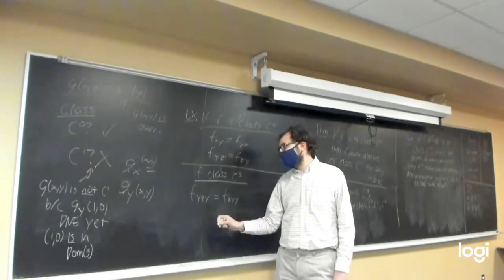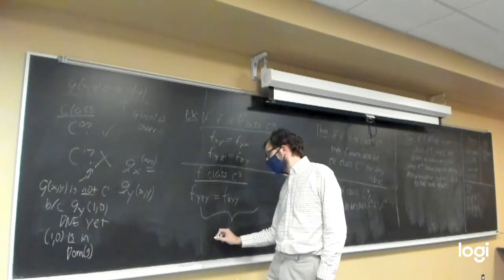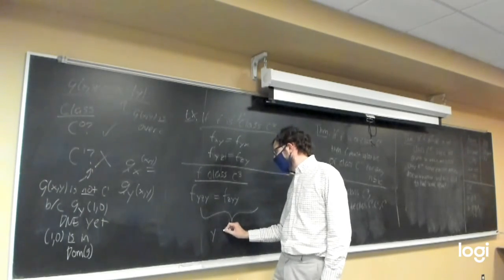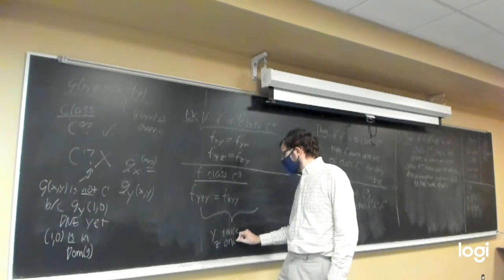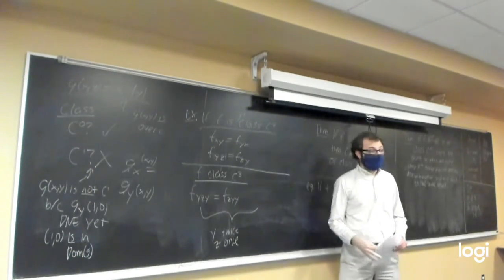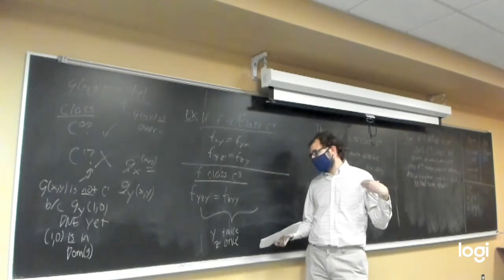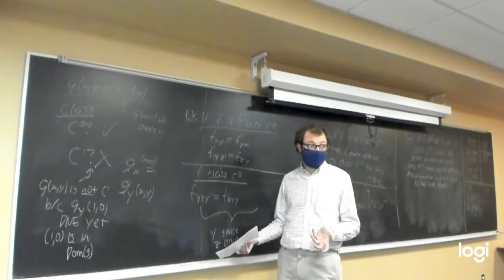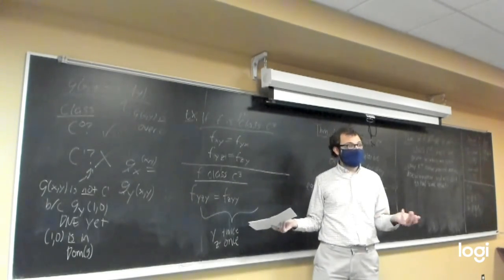But in either case, we've taken the partial derivative with respect to y twice and z once. So according to this theorem, if you differentiate with respect to y twice and z once, if you have a C3 function, the order in which you're doing it doesn't matter.